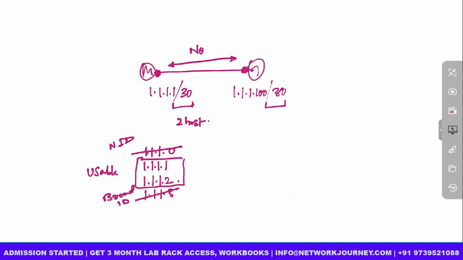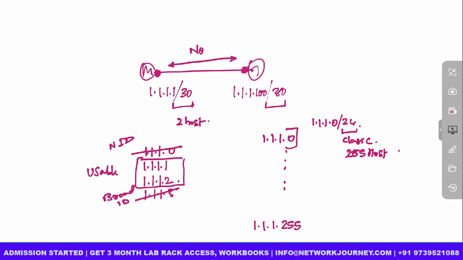Okay. So when I write 1.1.1.0/24, that means it's an example of a class C network, which will have 255 hosts. So starting with 1.1.1.0 till 1.1.1.255. So remove the first one, which is called the network ID, which represents the scheme or the IP family, that this belongs to the 1.1.1 family.